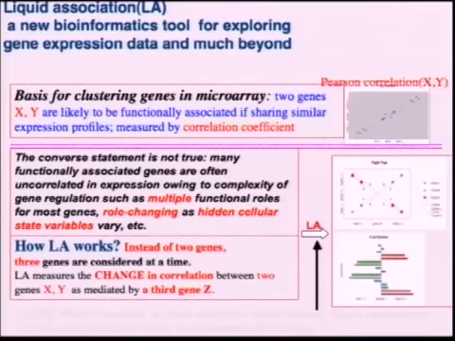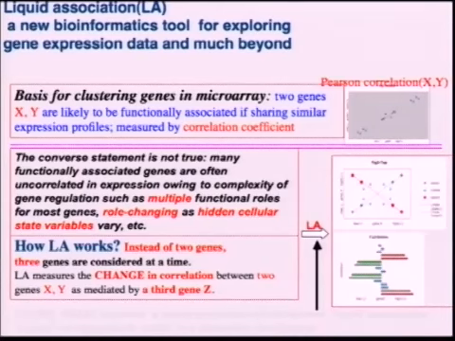And we have a way of doing things differently, particularly because we think that quite often the converse of this statement is not quite correct. That is, although correlation is an effective way to spot functionally associated genes, in fact, most functionally associated genes do not have a correlation, and there are many reasons behind it.